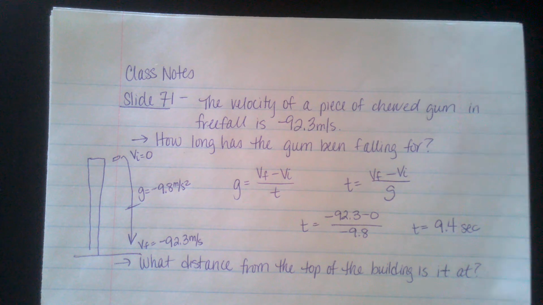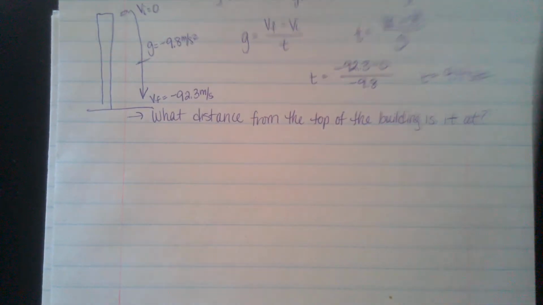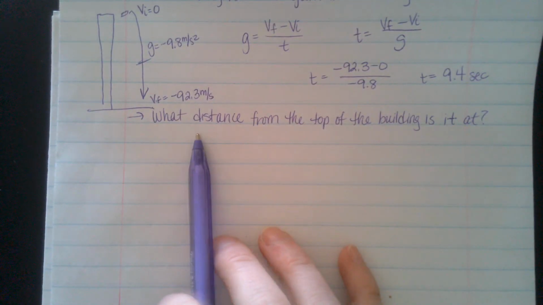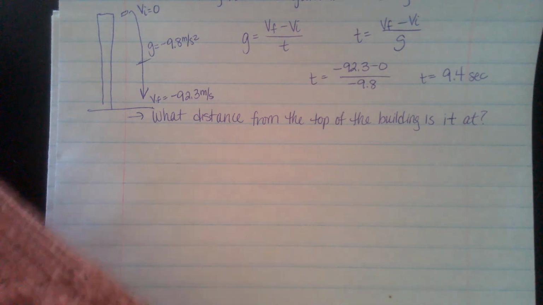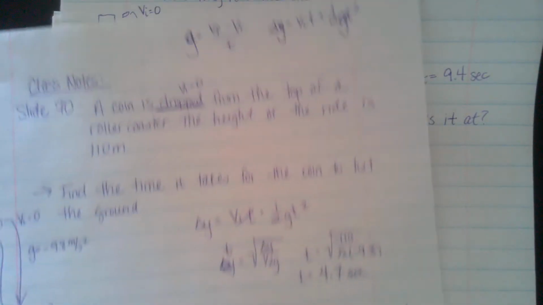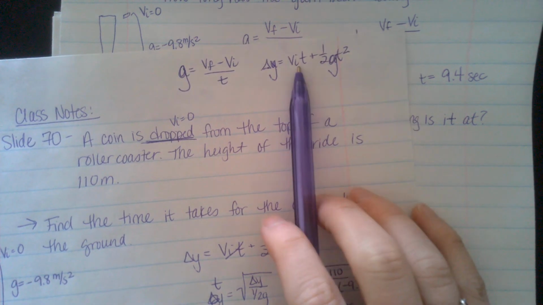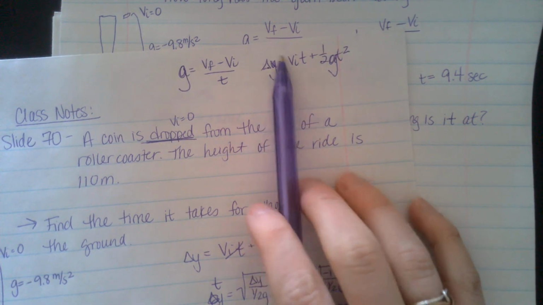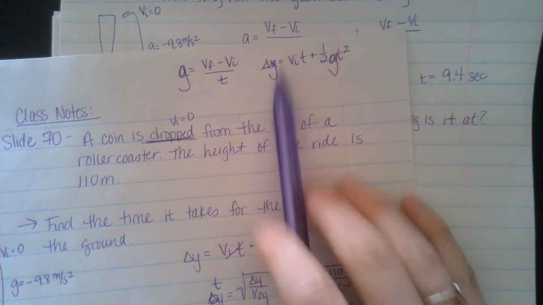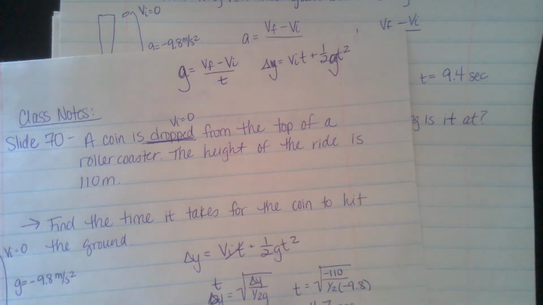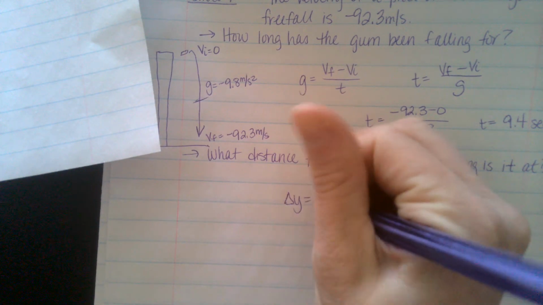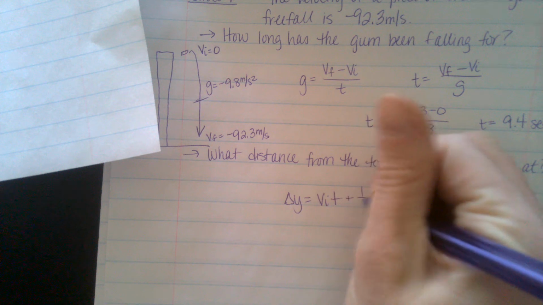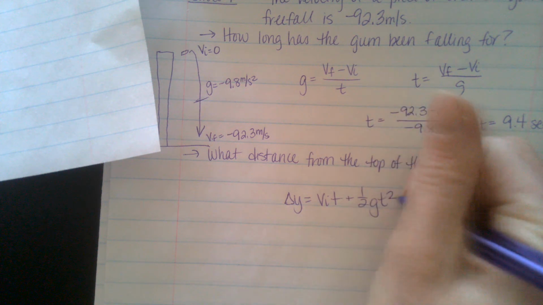Then we need to figure out what distance it has traveled in those 9 seconds. For distance or displacement, you're going to use this other equation, because delta y will give us a vertical distance. Delta y equals VI T plus 1/2 G T squared.